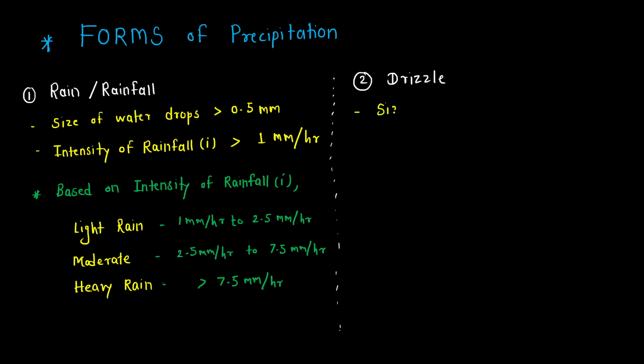So in this case, the size of water drops is less than 0.5 mm, and the intensity of drizzle is less than 1 mm per hour. So these things you should note because this can be asked. These are the technical specifications of this precipitation.